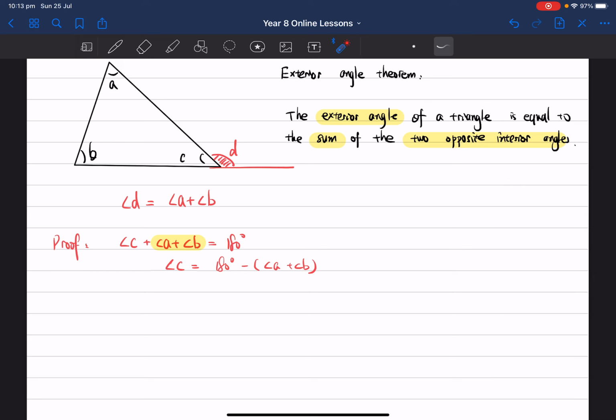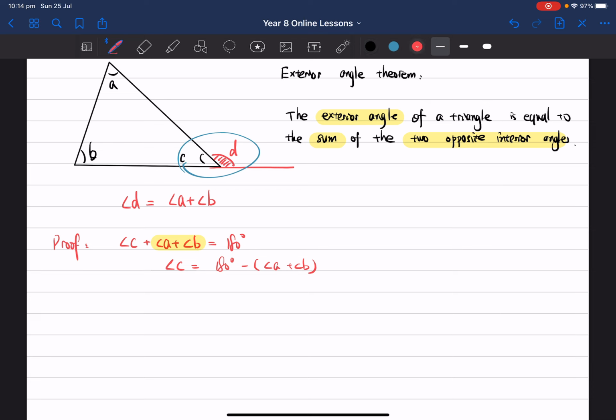Okay, so how do we know that angle A plus angle B is equal to angle D? Well, if you look at this property here, we've got supplementary angles.